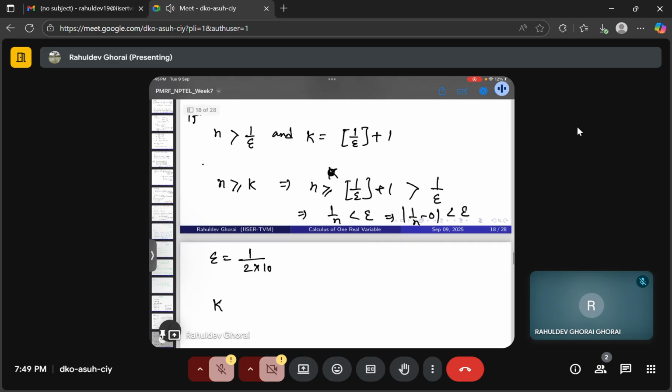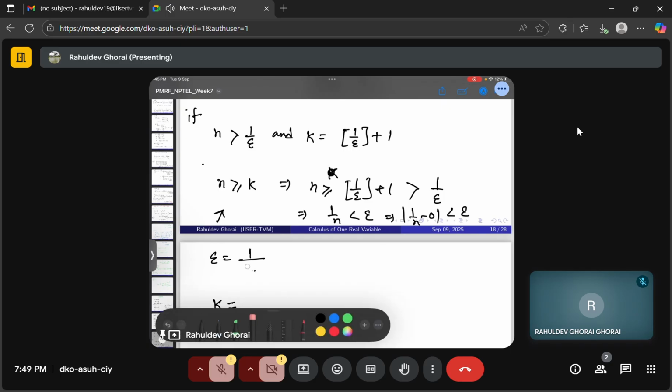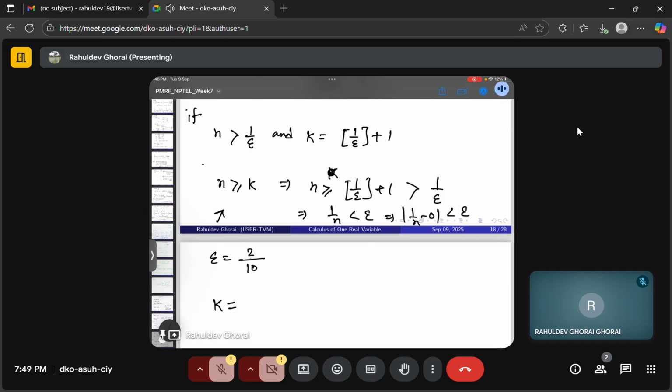Then what will be your k? Then from here, 1 by epsilon means 2 times 100, no, sorry, not 2 times. Let's assume, for simple examples it will be easy, but what about this type of example? So 2 by 10, epsilon is equal to, no, so still it will be no problem.